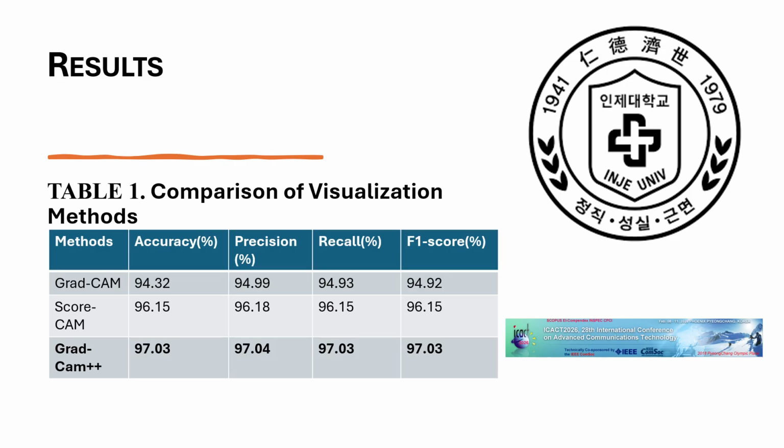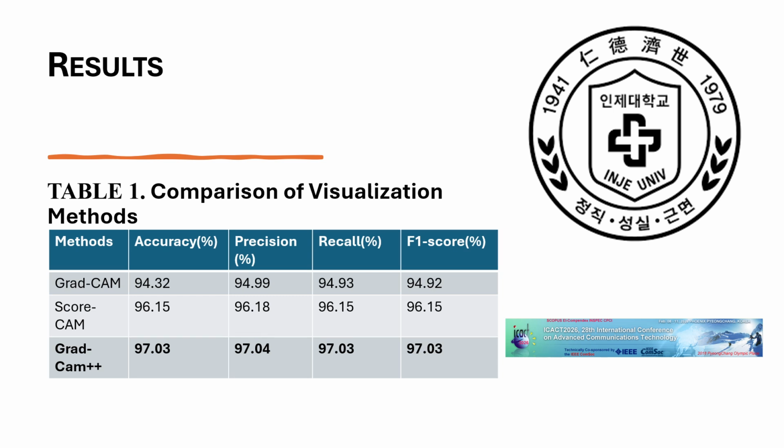So here is the table. The table summarizes the classification performance of Vit-CAM, ScoreCAM, and Vit-CAM++. Vit-CAM++ achieved 97.03 accuracy, 97.04 precision, 97.03 recall, and 97.03 F1 score.